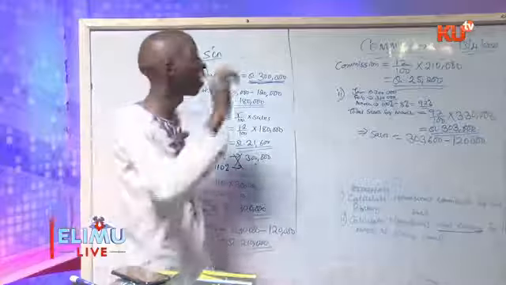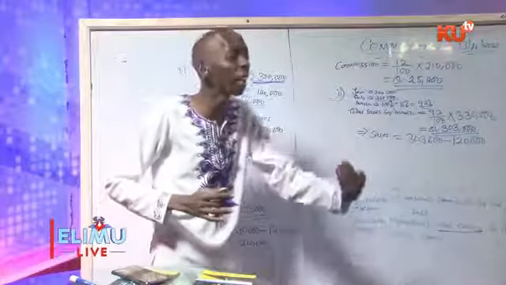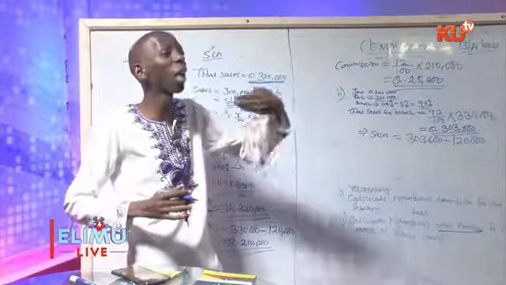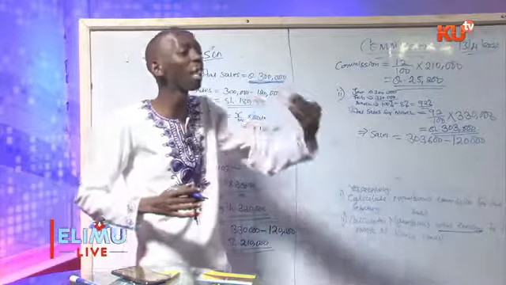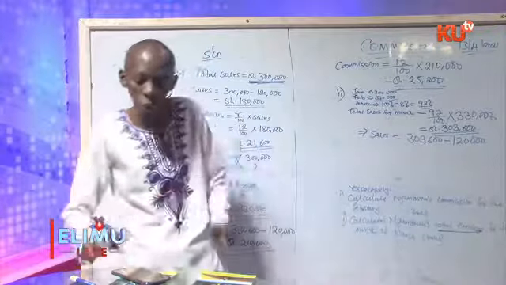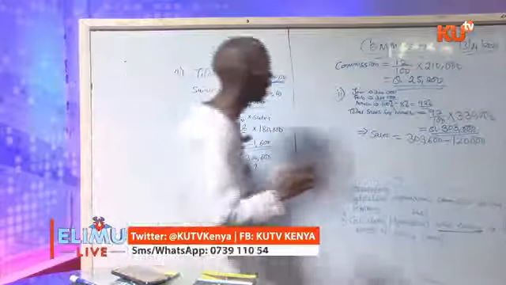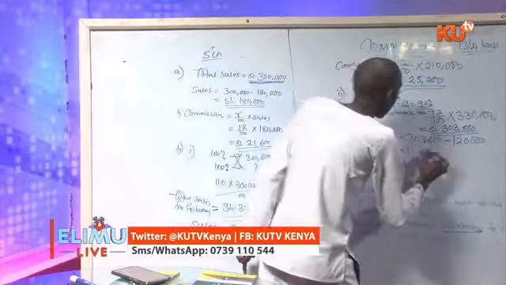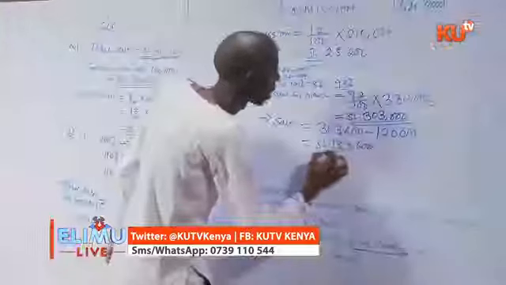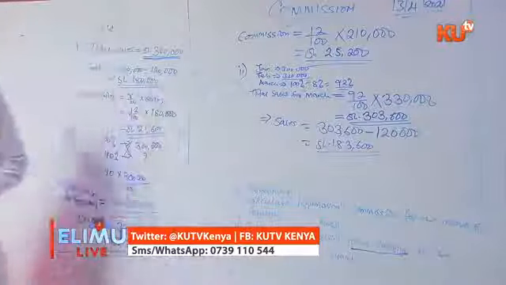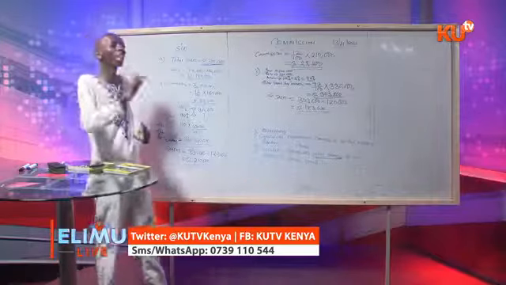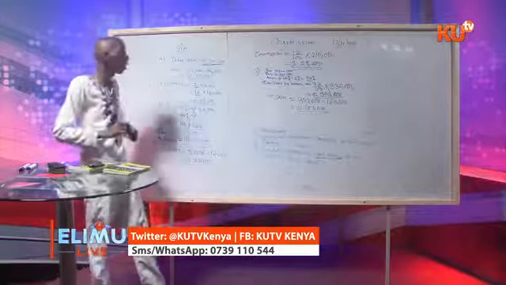Therefore we must subtract 120,000 from 303,600 shillings, and we get 183,600 shillings. That is the sales from which Nyambura will get commission in the month of March.